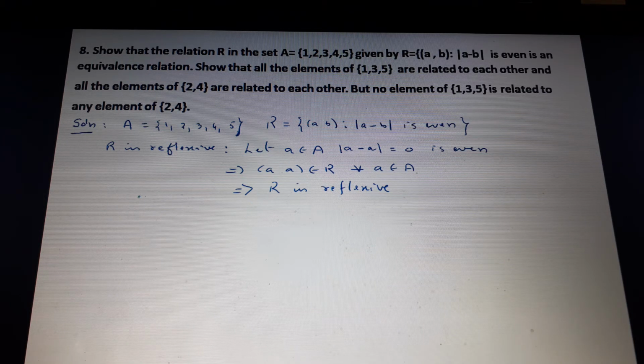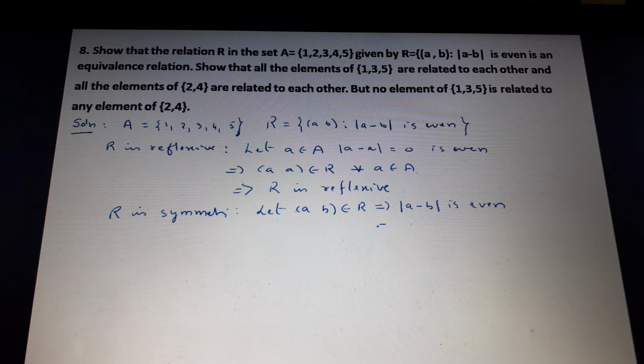How to show that it is symmetric? So let us prove R is symmetric. Let (a, b) be in R. This implies |a − b| is even.